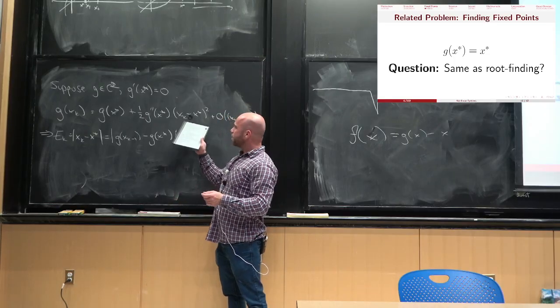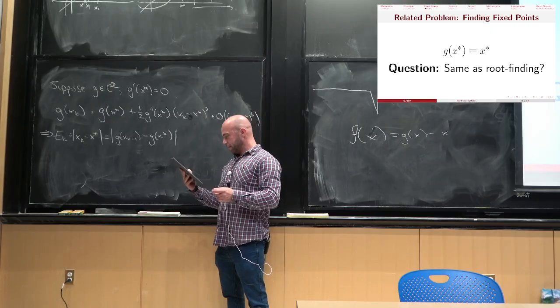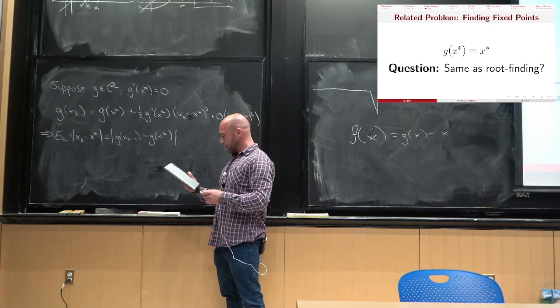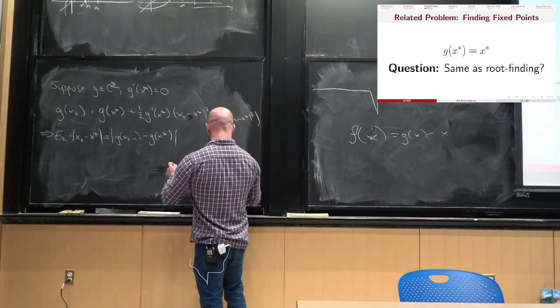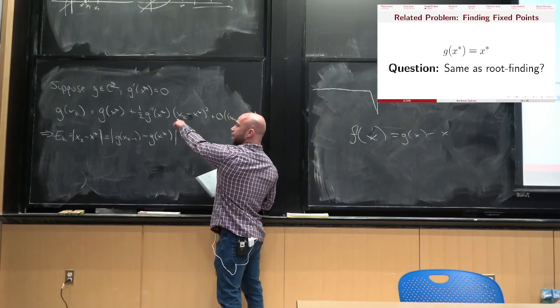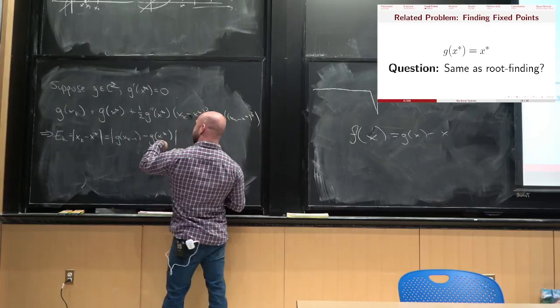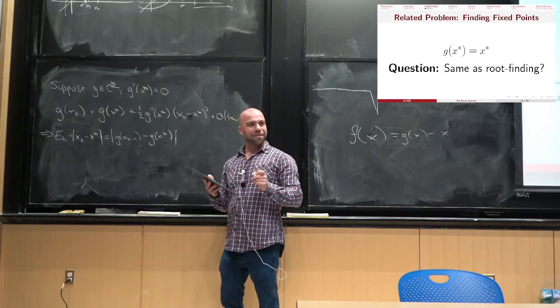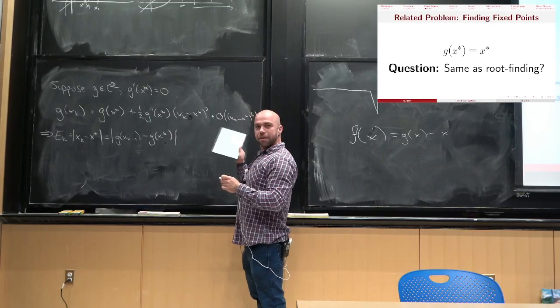So now let's plug in our Taylor series. Now instead of xk, we're going to have xk minus 1. Notice that this g of x star and that g of x star are going to cancel. So what we're left with are just these two additional terms.